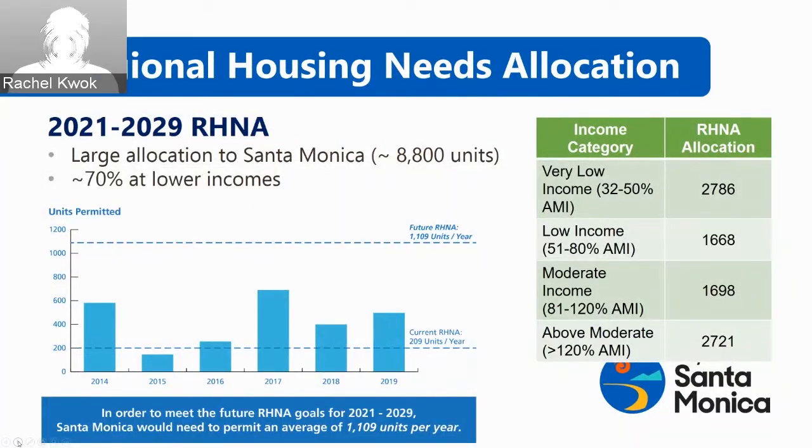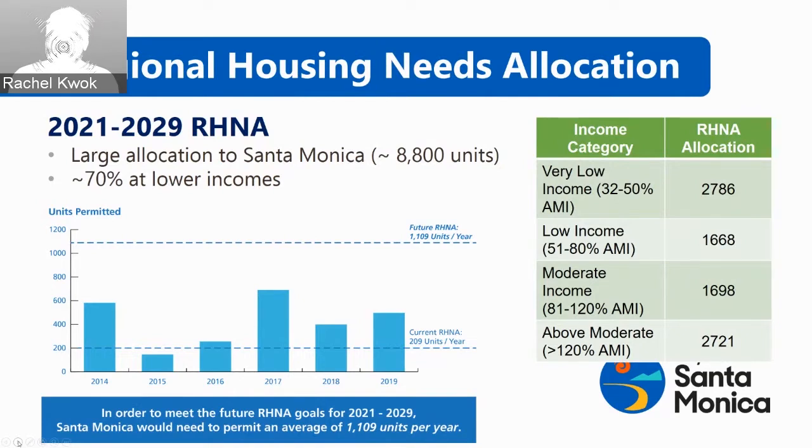So as I mentioned, 8,873 is our RHNA allocation for 2021 through 2029, this next 8-year housing element cycle. 70% of it must be at low income. So if we're talking about 8,873 units in the next 8 years, we're averaging about 1,100 units per year. We would need to permit that much in order to meet our RHNA numbers.